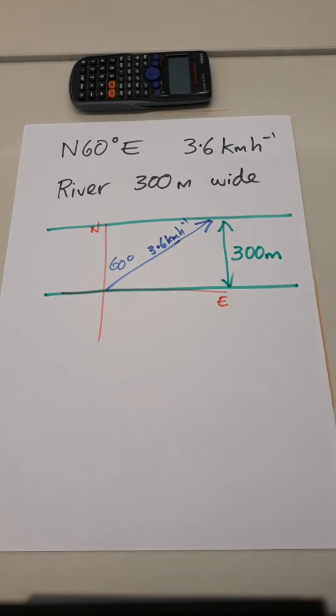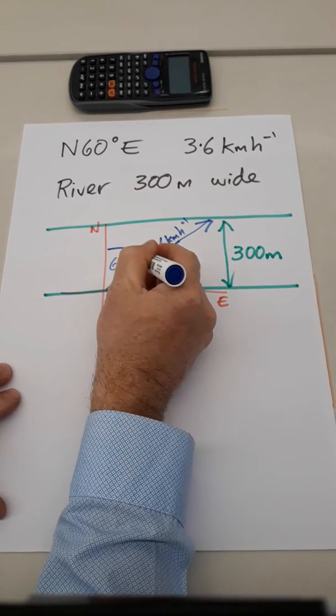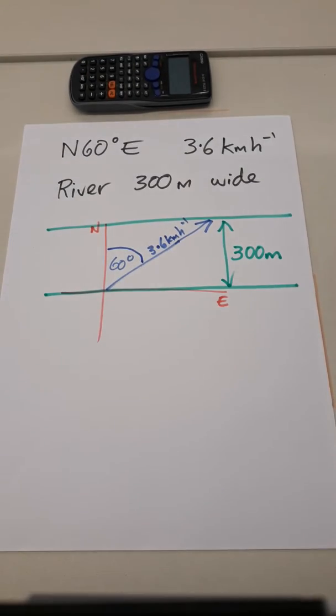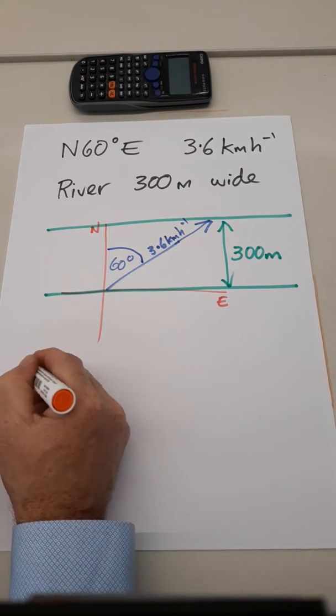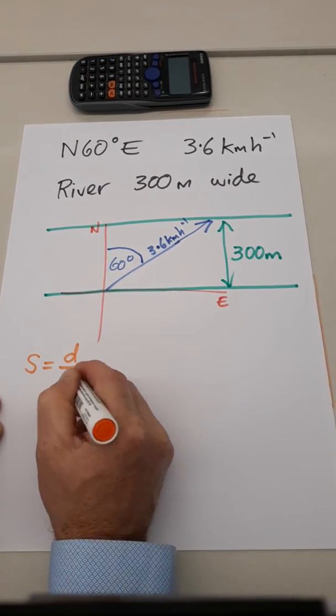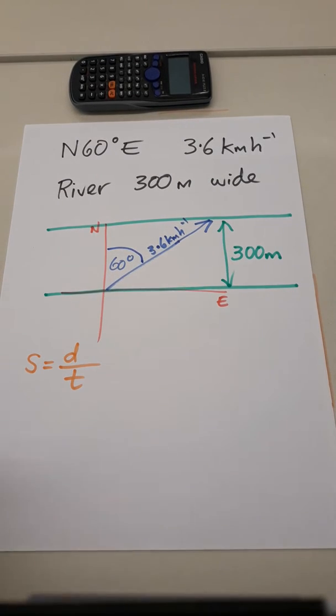How long is it going to take to get across there if he's swimming at that angle and at that speed? So there's a couple of things we need to know. Of course, we remember what our equations are. For example, speed equals distance over time, or the various versions of that.